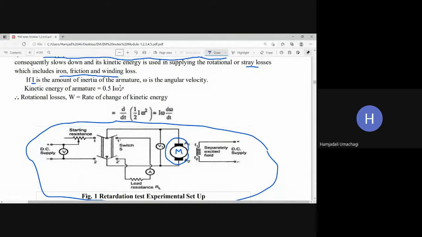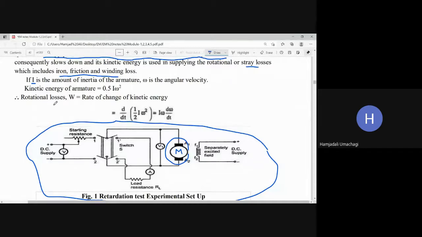In correlation to that, with respect to this armature of the motor, I can write kinetic energy of the armature is equal to 0.5, which is nothing but half. Here m is nothing but the moment of inertia I, v square is nothing but omega square. So kinetic energy of this armature whenever it is going to slow down is 0.5 I omega square.